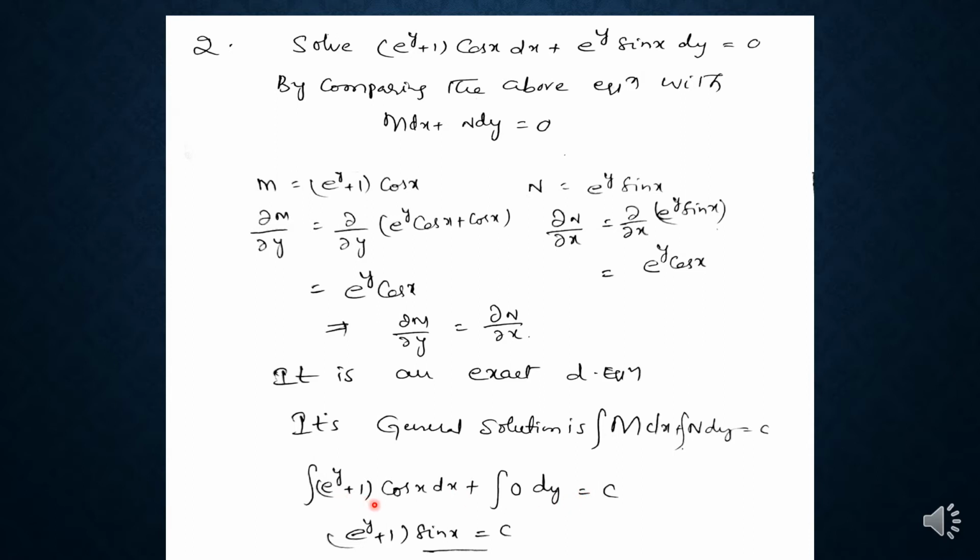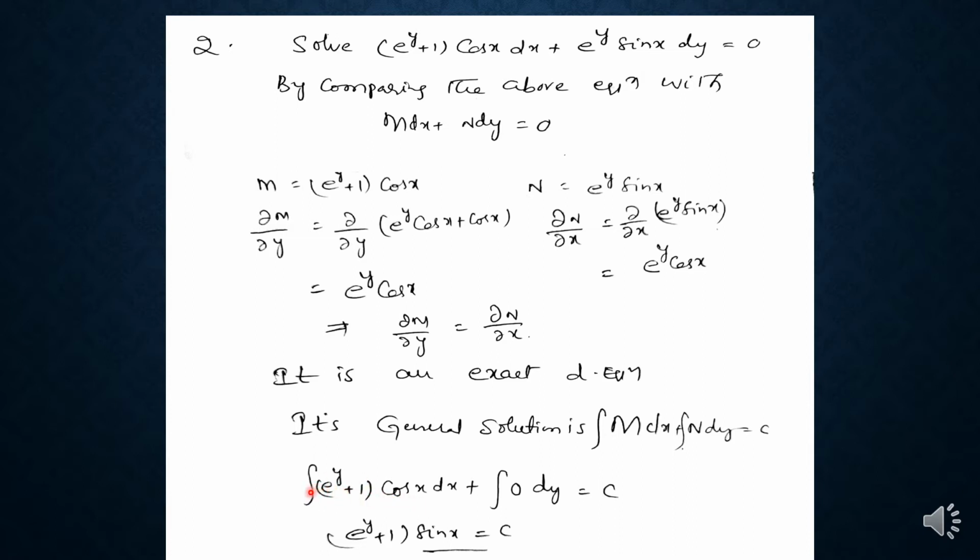While integrating with respect to x, y will be treated as constant, and here e^y + 1 is the coefficient of cos x. This is the constant, e^y + 1, into integral cos x dx. Because y is the constant here, we can take e^y + 1 totally constant, and this is the coefficient of cos x.